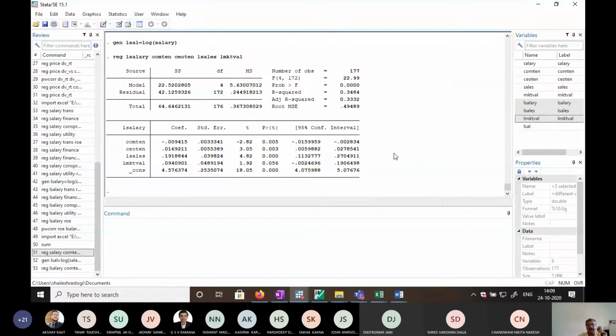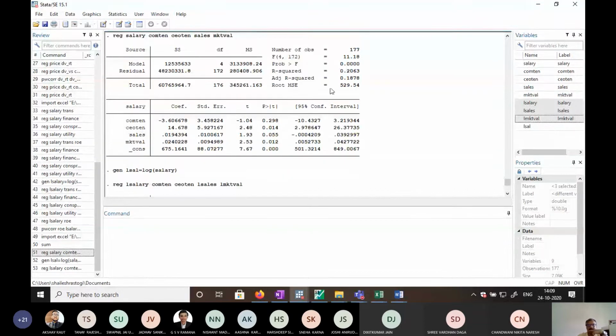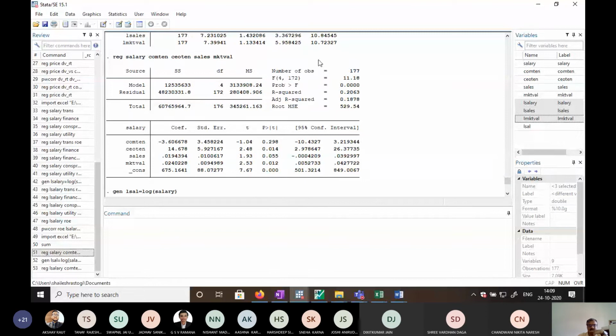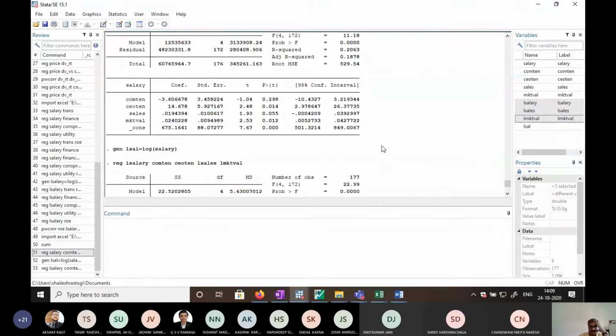You can look at other things also, like adjusted R square. This is the previous regression; I repeat, this is the previous regression of salary, sales, market value where log transformation has not been done. Look at the adjusted R square, which is 18, and the MSE, which is nothing but the standard error of regression. If you remember, I told you this error should be as low as possible.